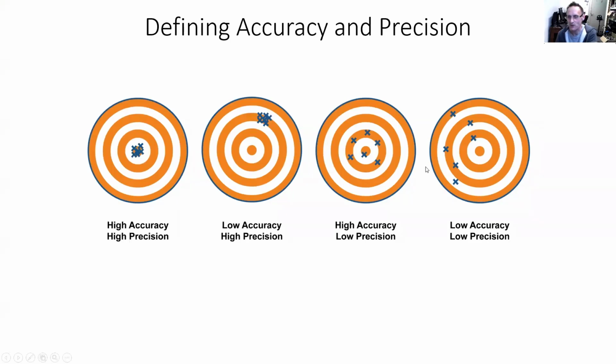So if you averaged all of these locations of the blue crosses, they would be nowhere near the center. And equally, every time you ask your eye tracker where is the person looking, it's giving you some kind of very different value. So that's a very straightforward way to conceptualize the terms accuracy and precision.